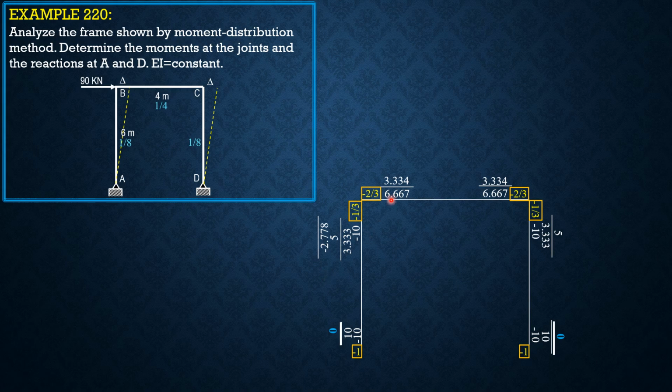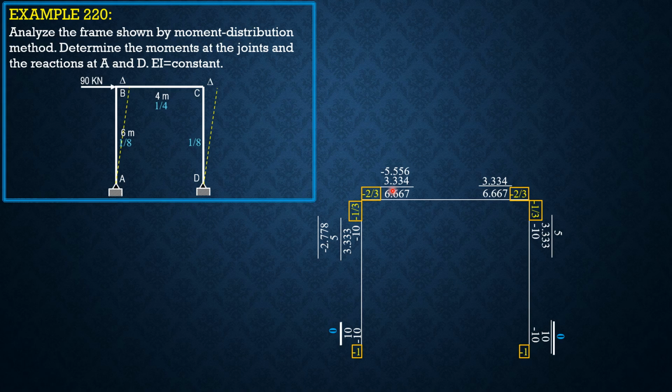So lock. 3.334 times -2/3 is -2.222. Sorry, quantity 5 plus 3.334. There is moment, I'm sorry. So quantity 5 plus 3.334 times -1/3 is -2.778. So lock.